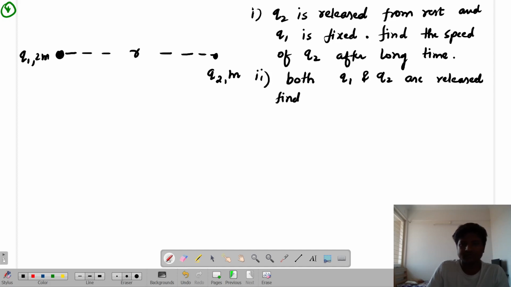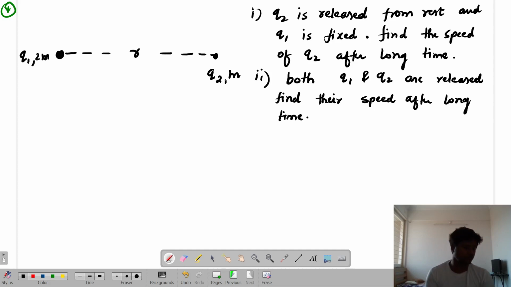Then find their speeds after a long time. This is a very good question, isn't it? Try to do it.